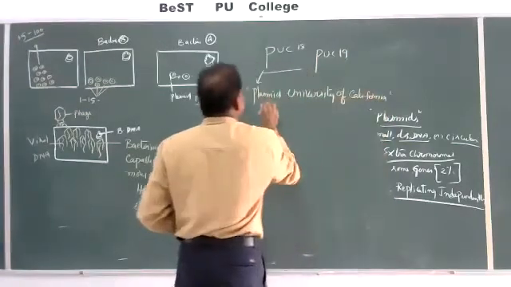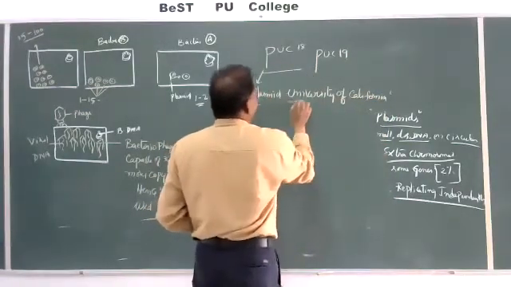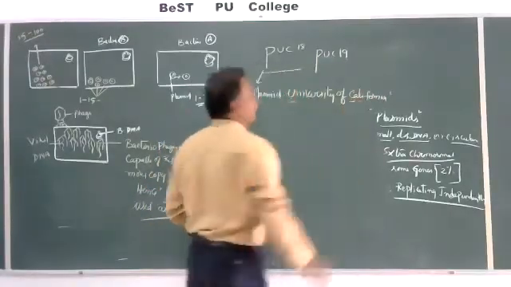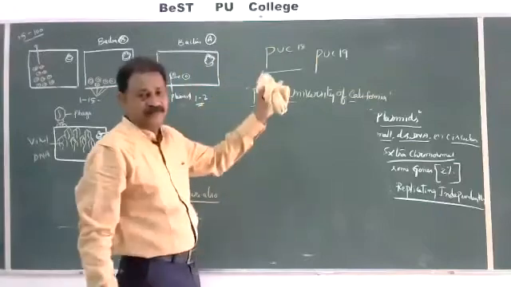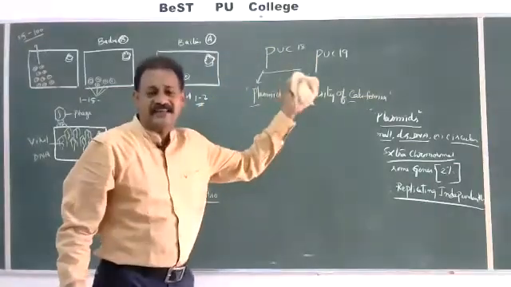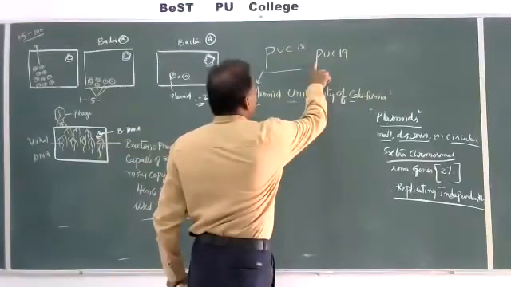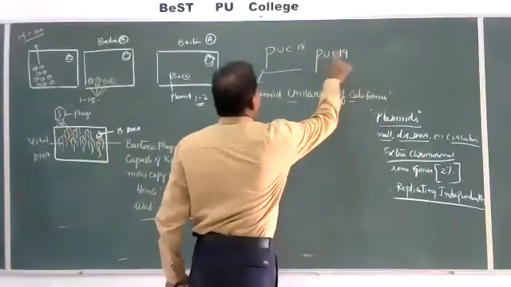So pUC stands for plasmid constructed at the University of California, and there are various types: 7, 8, 9, 11, 17, 18, 19.